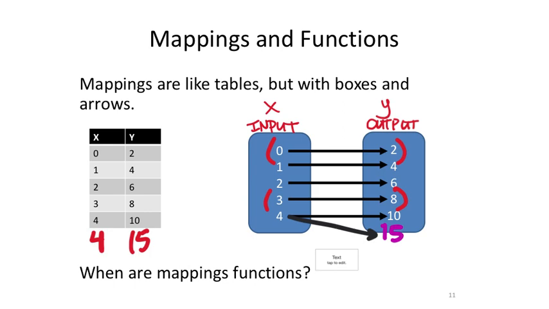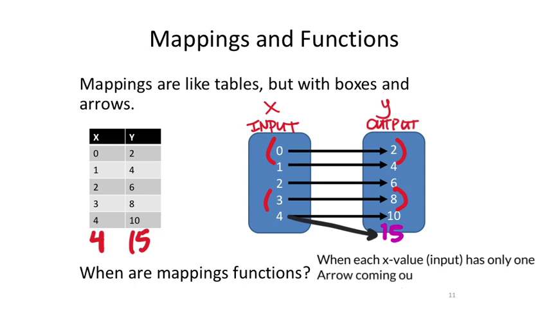When are mappings functions? When each x value, or input, has only one arrow coming out of it. Remember, like this one, as soon as I had 2 arrows coming out of 4, this was no longer a function.